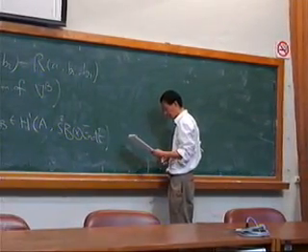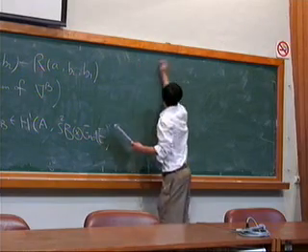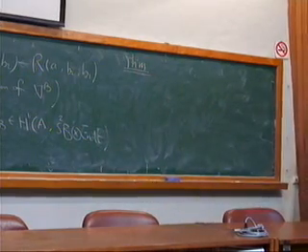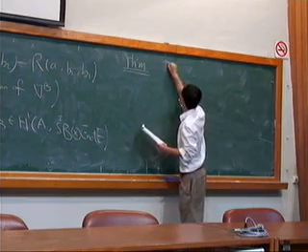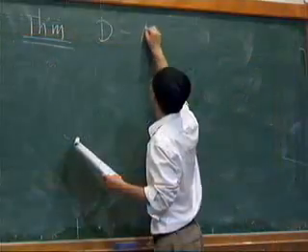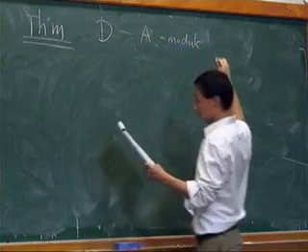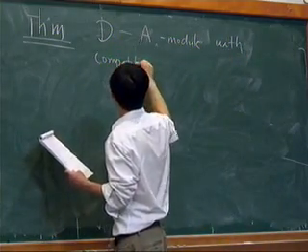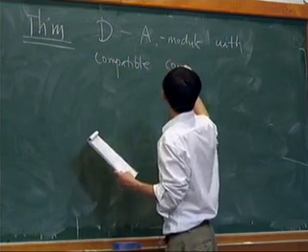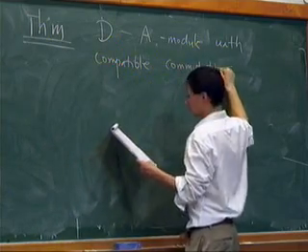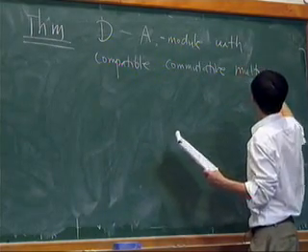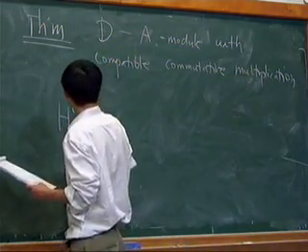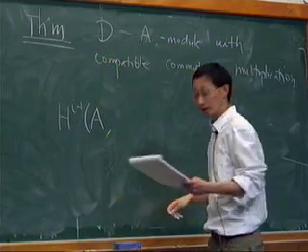One thing I want to point out here is that D is a module with compatible commutative multiplication, and then the Lie algebra cohomology with coefficients.